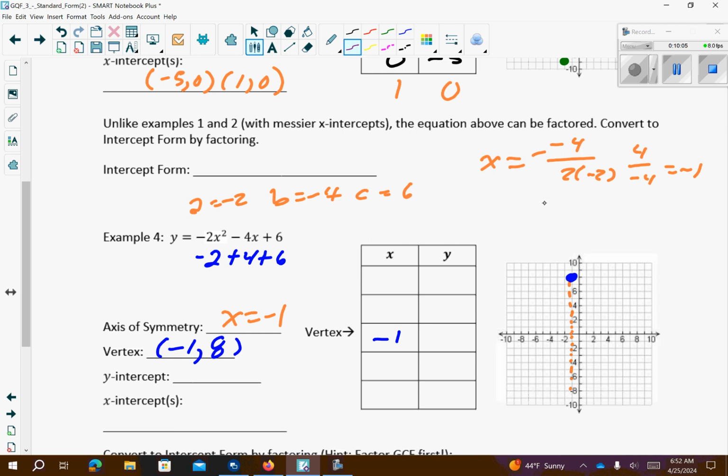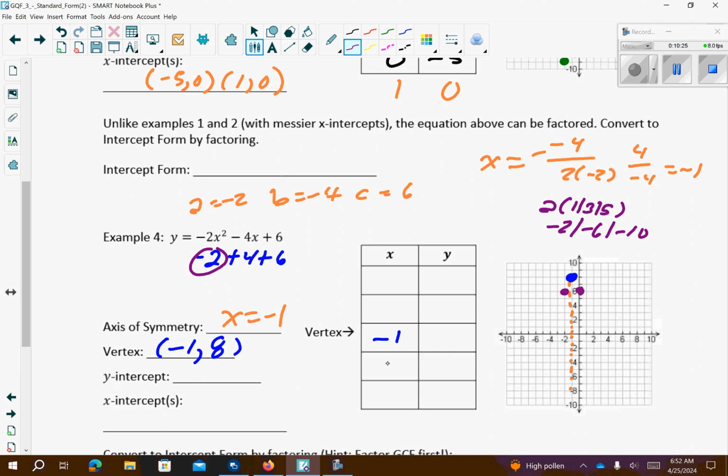Now our pattern graphing is going to be A times 135. Notice my A value is -2, right? So this is going to become -2, -6, -10. So I'm going to go right 1 down 2, left 1 down 2.